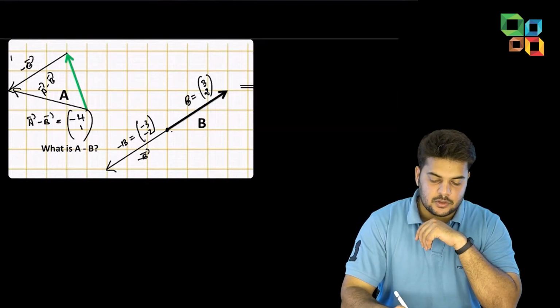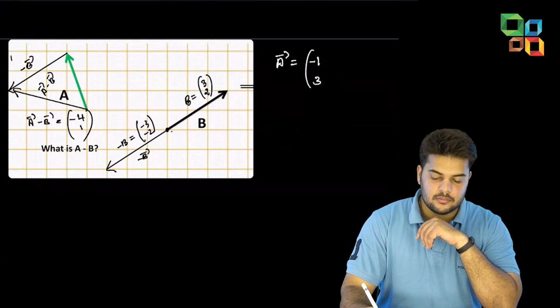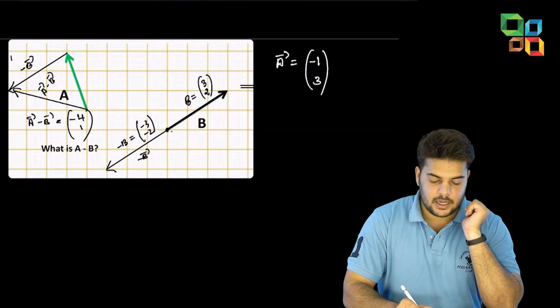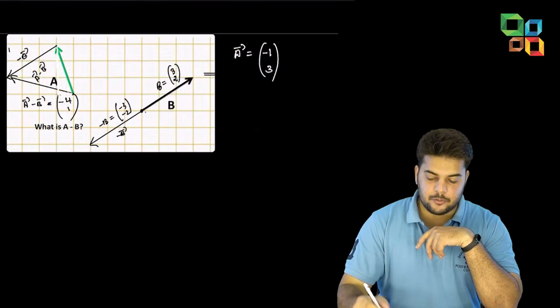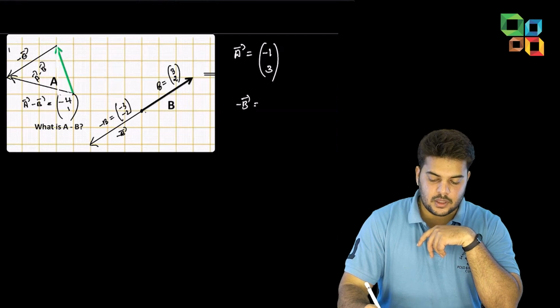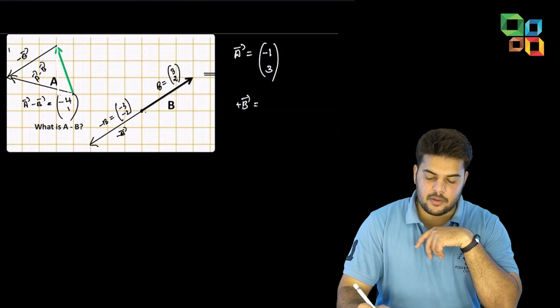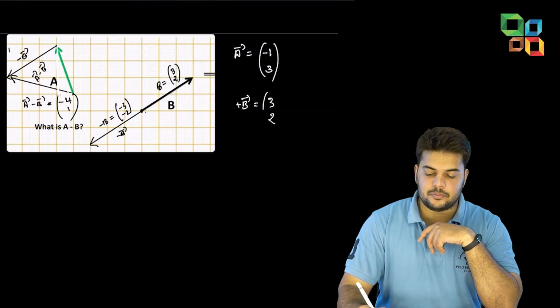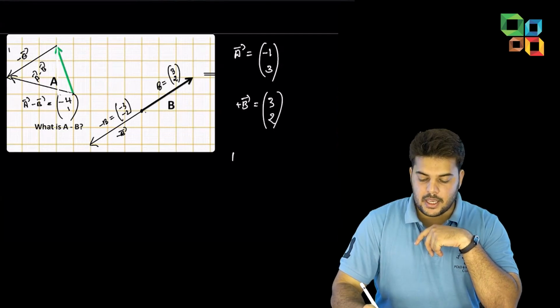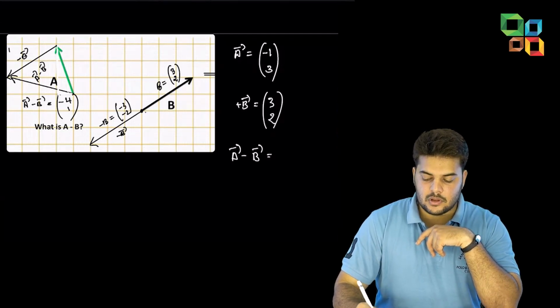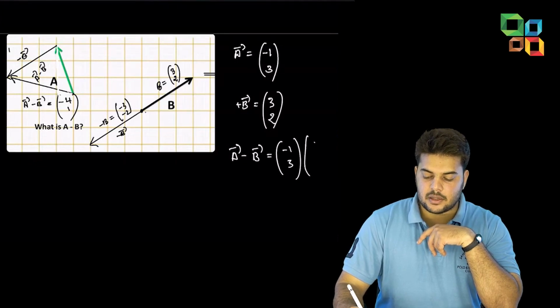So it is as good as saying, let's see, A vector representation is negative 1, 3. This is A vector. See, negative 1 and 3. And B vector is 3, 2. So A minus B, it is just like we subtract the components.